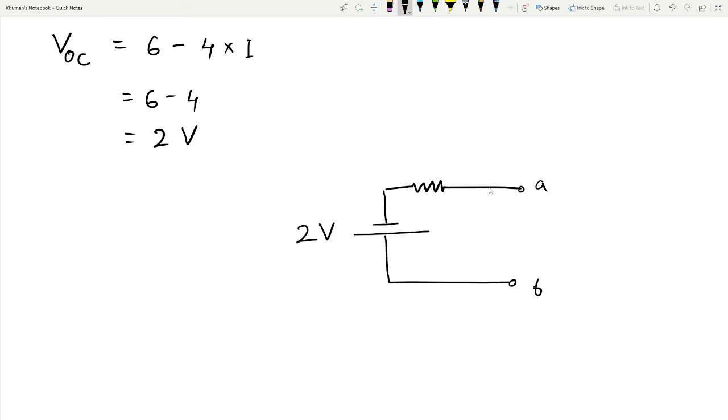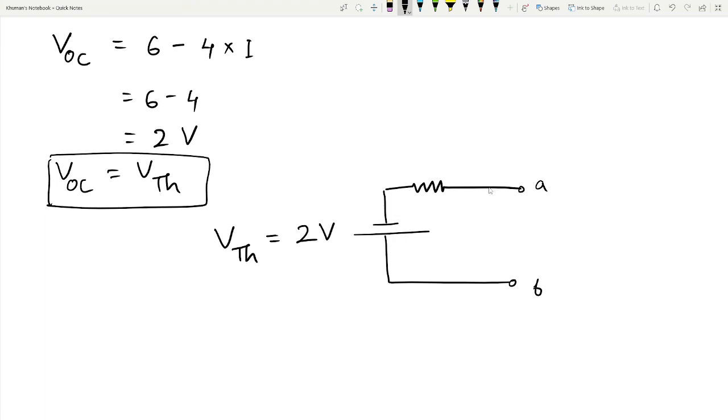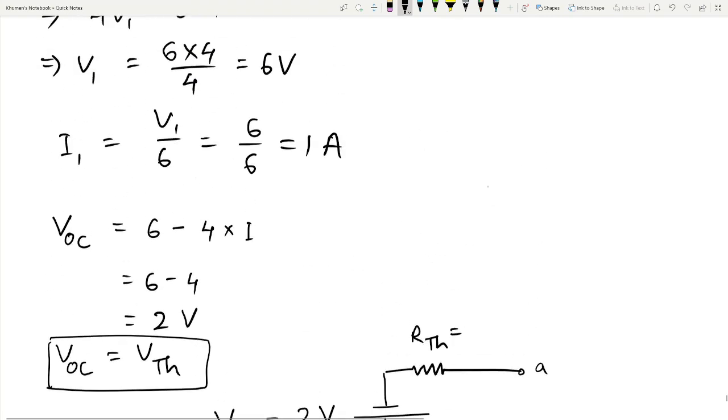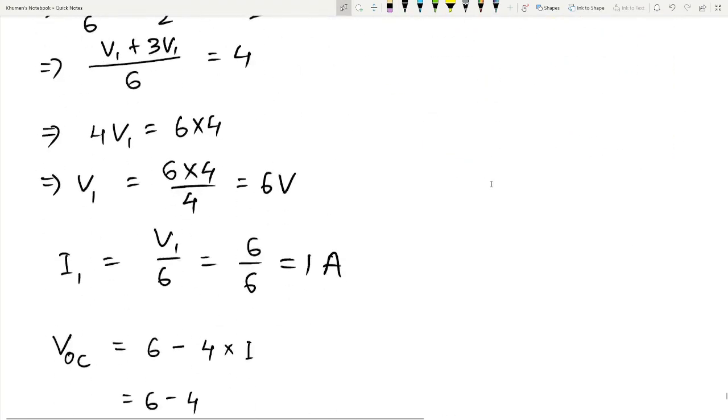Okay, so it is 2 volt. This is VThevenin. Okay, here VOC is equal to VThevenin. Okay, we have to know this. Okay, then this is RThevenin. It is found out as 2 ohm.